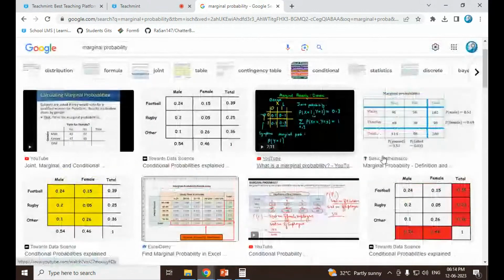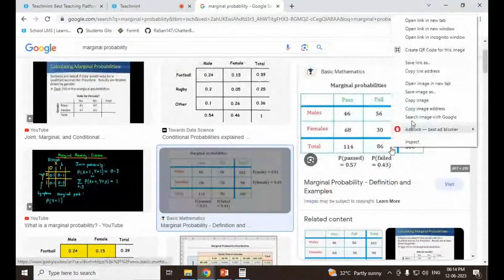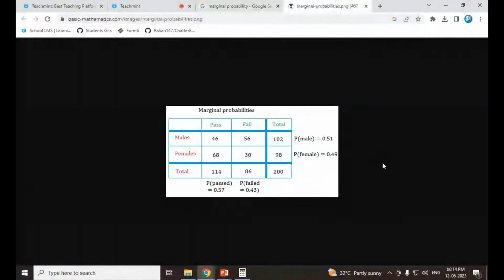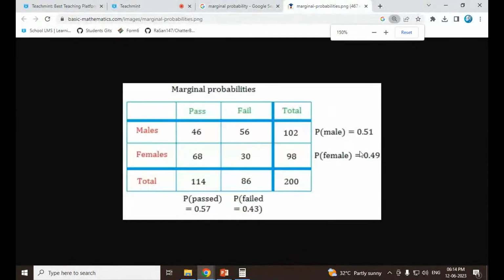Which one do we pick? This one? Can you understand this? Marginal probability. P(male), the probability of male, the whole thing. Total number is 200.